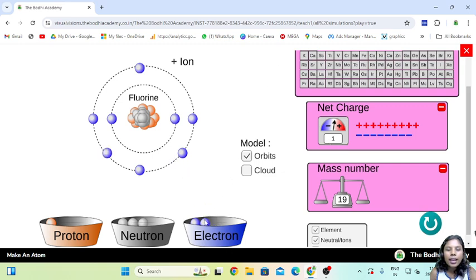Say I have added another one over here, then this will become minus 2, because there are 2 extra. Because there is only 1 extra over here, it is showing minus charge.